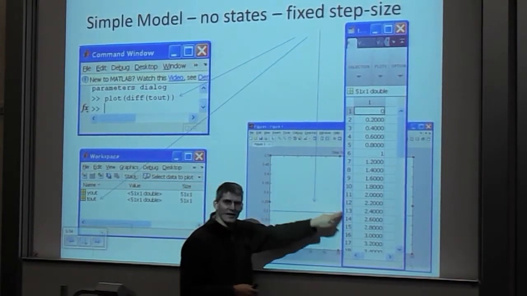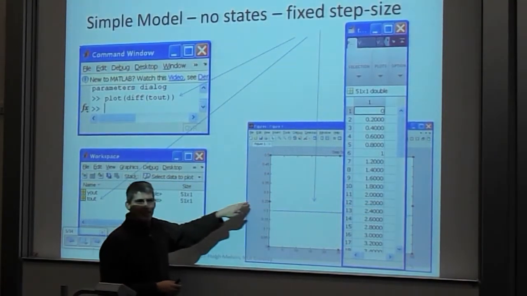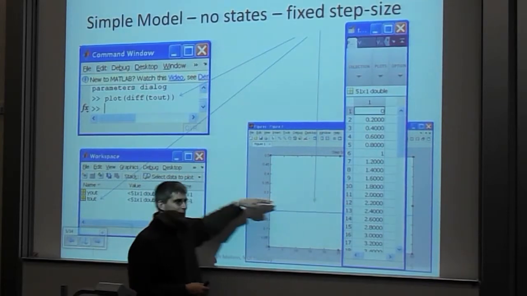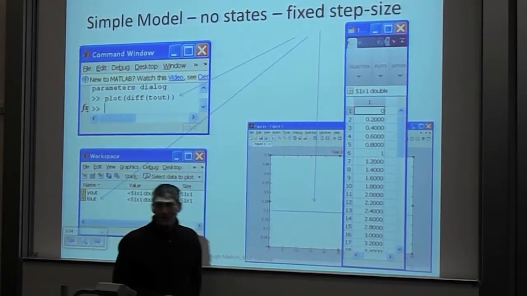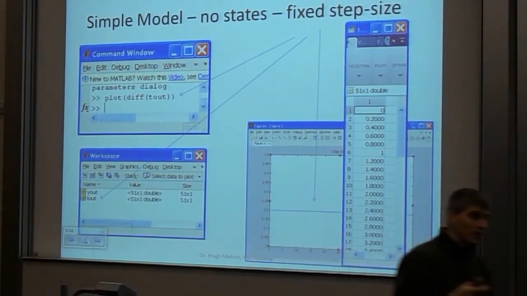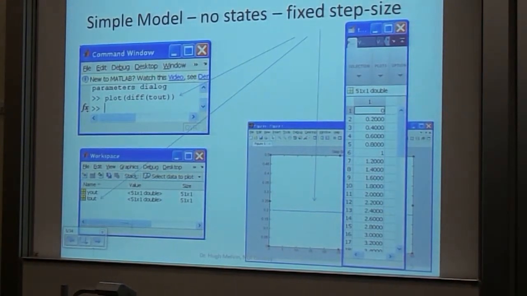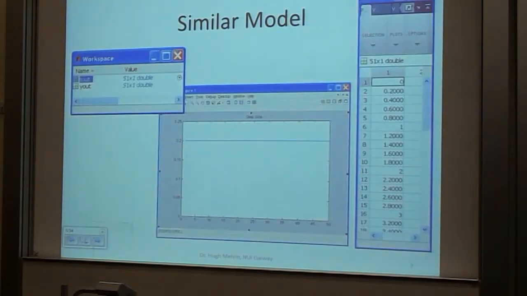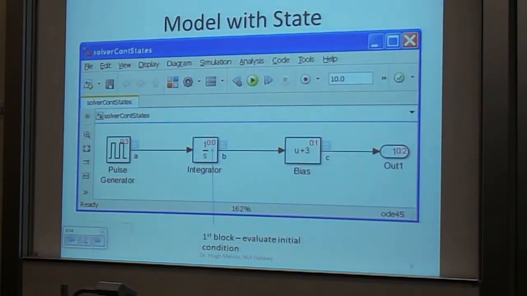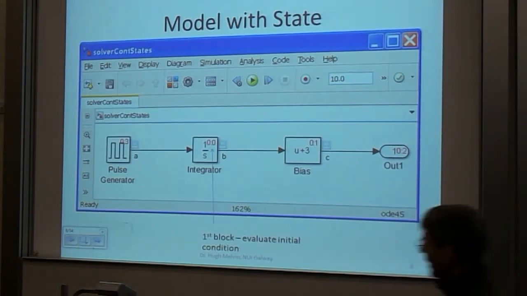And you'll see maybe some small changes here, but in fact it's essentially rounding errors you're looking at. So just be careful about that when you do that. Okay, so the same idea here. The output vectors are the same size, 51. Okay, now let's look at something a little bit more complicated.